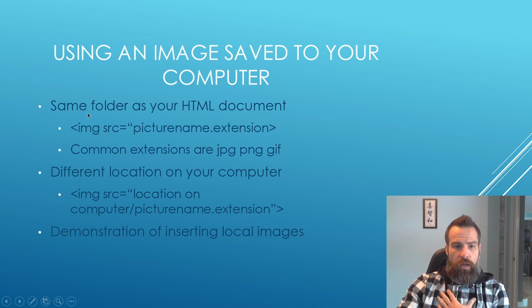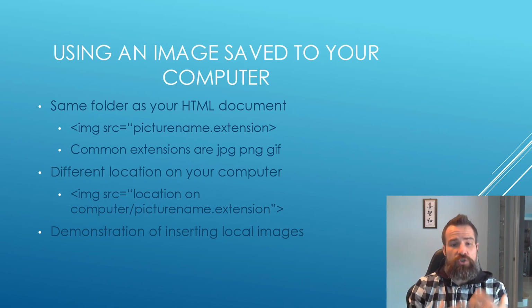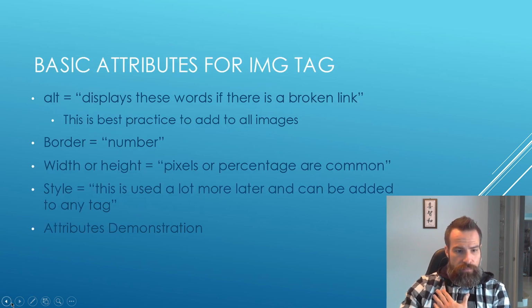Okay, so you always want to save your images to the folder that your HTML document is in. It kind of makes sense if you're building a website, you want to have a folder, and all of your web pages and any sort of documentation or images that go with that website should be in the folder.